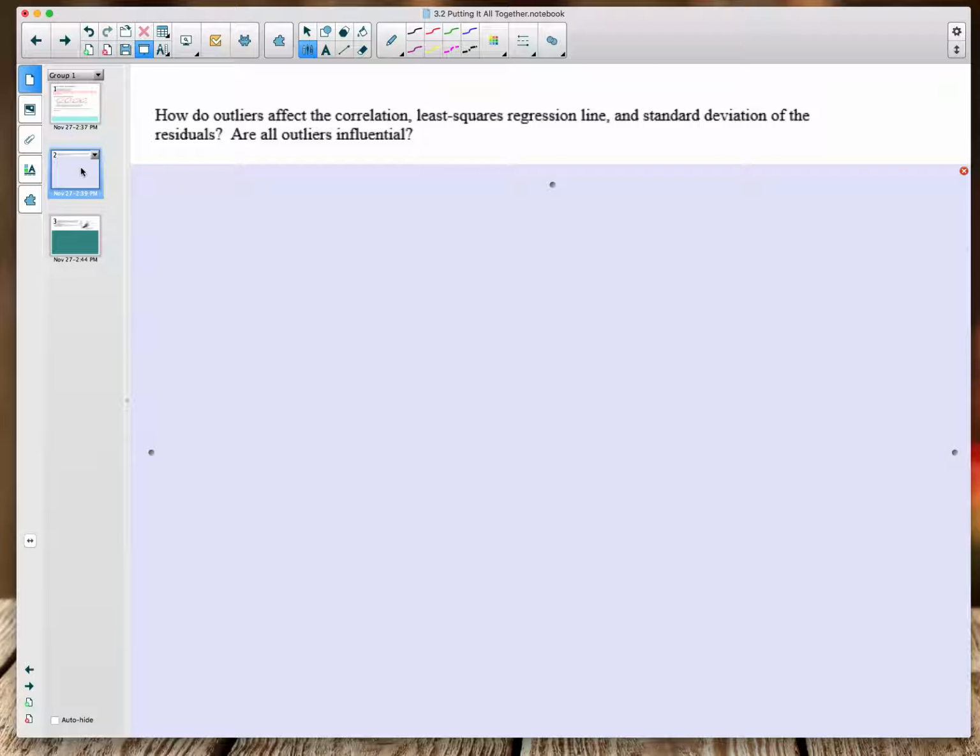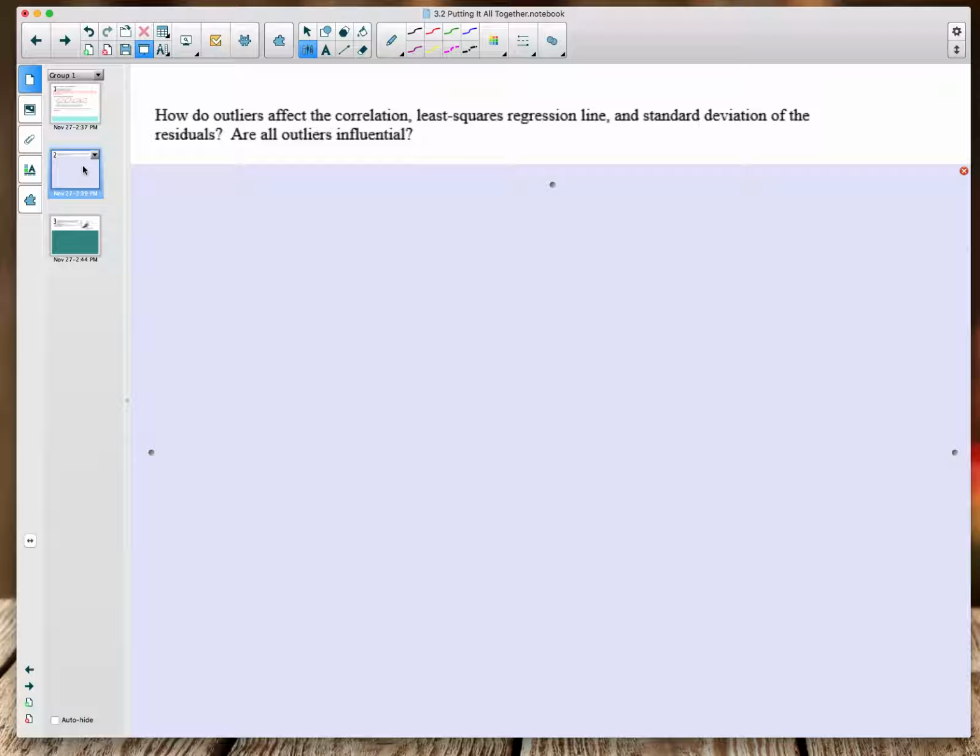How do outliers affect correlation, the least squares regression line, and the standard deviation of the residuals, and are outliers influential? If you think back to before Christmas when we did the applet and we were moving the points around, you put your points close together to try to make a strong correlation.